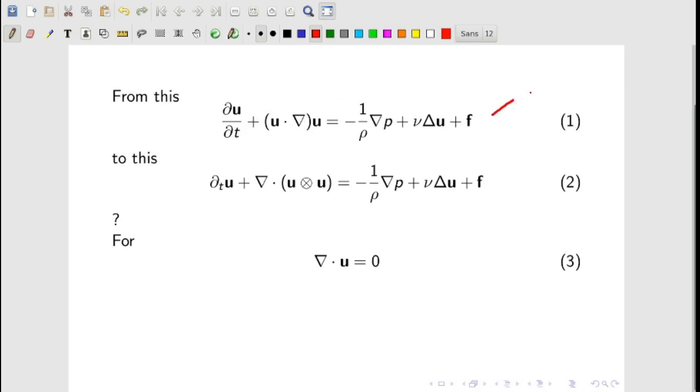This here is the form of the Navier-Stokes equations that you usually see in physics and engineering journals and books. This is a form which you usually see in mathematicians' and maybe theoretical physicists' papers and books.